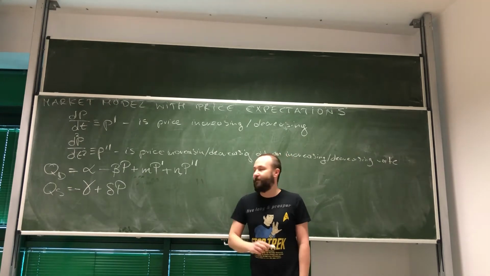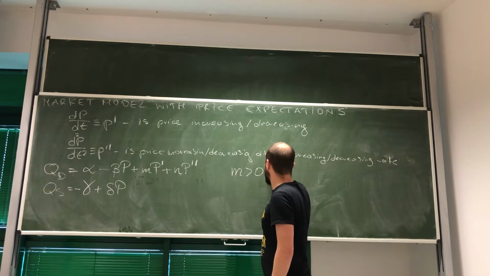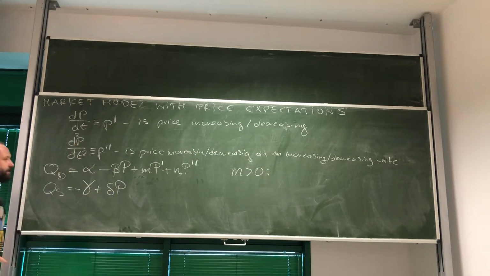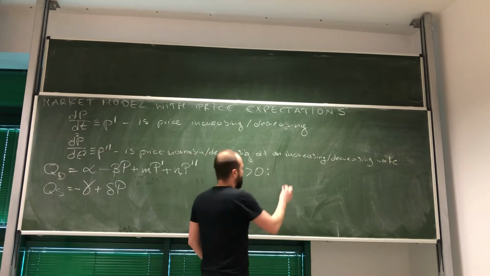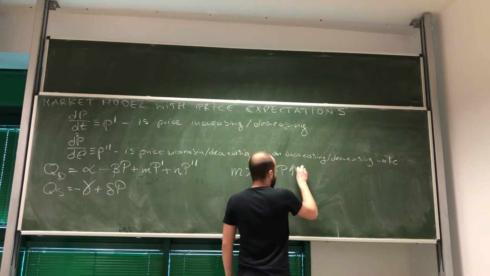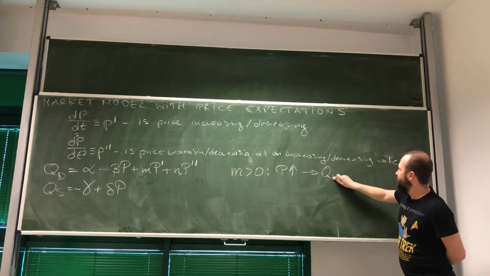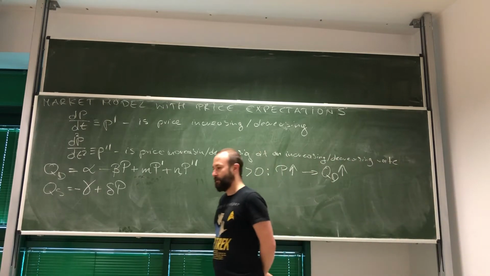But let's start with m. Look, what does it mean that m is positive in our case? If m is positive, this means that if price goes up, what happens to quantity demanded? Quantity demanded goes up as well.